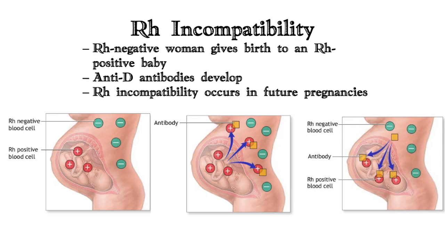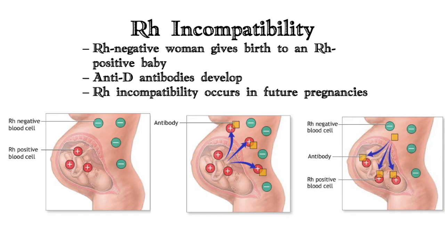Basically, through the placenta, some of the positive blood is going to get into the mother. What happens now is that the mother's body recognizes it as a foreign particle. So the antibodies trigger a response, and this is where it's actually bad, where the antibodies are now going to try and fight and break down the foreign body, and that's the baby.